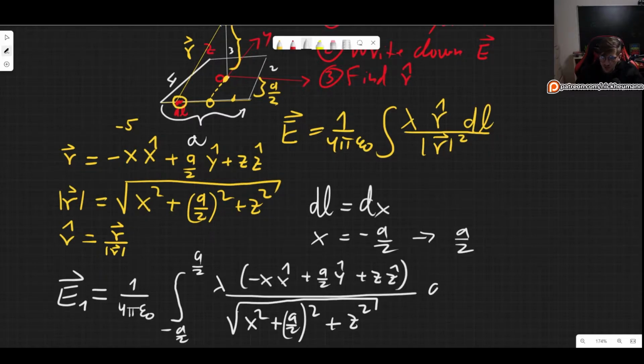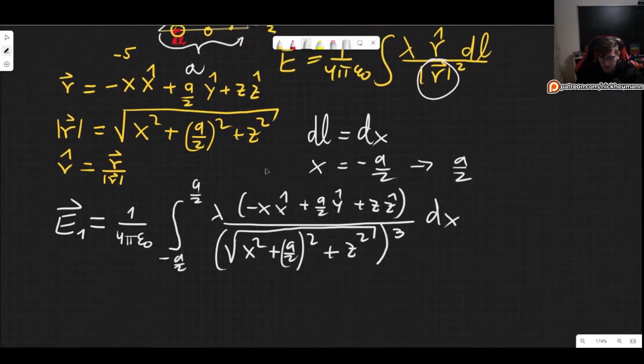Okay, and all of this dx, right? Did I forget about anything? Oh yeah, this is the square root, but we still have to cube this, right? Because we get this thing squared just because of this part, and then we have to multiply once again because of the R hat vector, right? We get 1 and then 2, 3. Okay, that's why it is cubed, as usual.